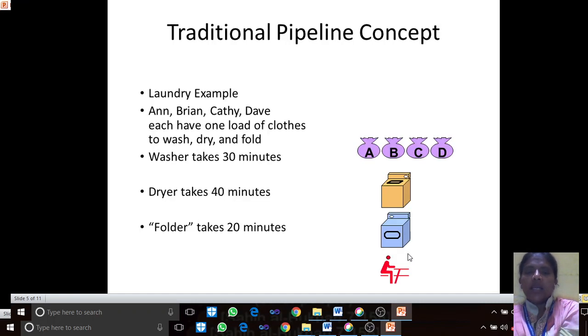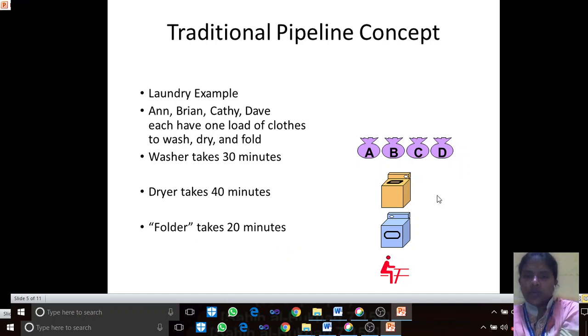Let us take a traditional example. You have a laundry. Anne, Brian, Kathy, and Dave each have one load of clothes, say A load, B load, C load, and D load. There are three machines. The washer takes 30 minutes, the dryer takes 40 minutes, and the folder takes 20 minutes.